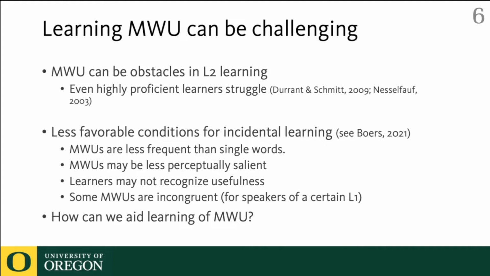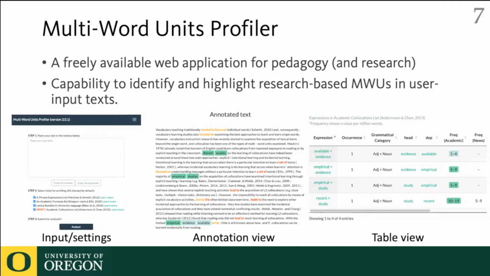Given the importance of these multi-word units, we or researchers might wonder whether there is any way we can support the learning of these items. So this is the background against which I started developing this tool, the multi-word units profiler. This is an effort to develop a computer-assisted learning tool.